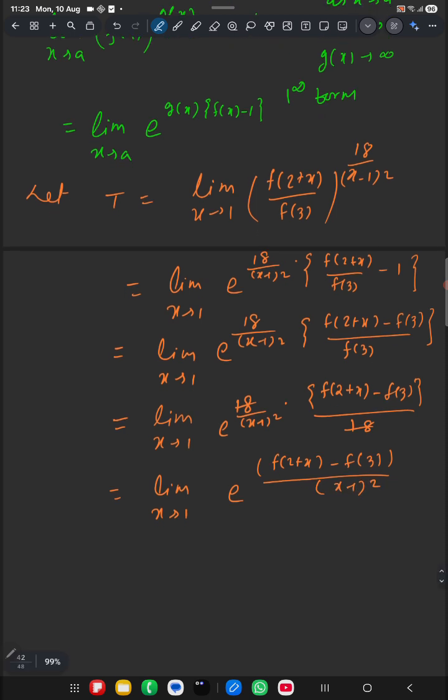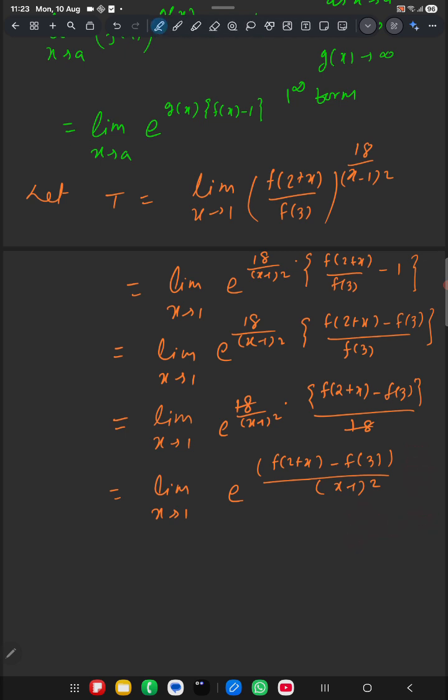And this is the form of 0 by 0. How? If you put x equal to 1 here, it will give you 2 plus 1, 3. f of 3 minus f of 3 means 0, and the denominator is also 0. 0 by 0 form means L'Hopital's rule, you can use it here.